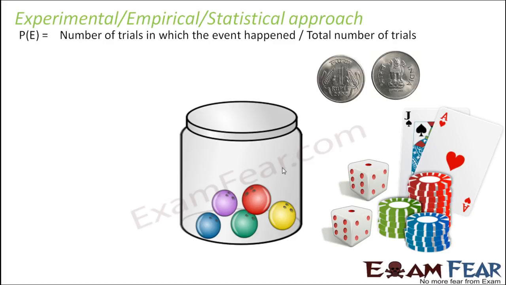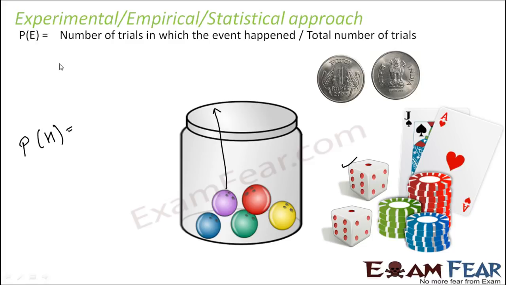For example, tossing a coin. You toss a coin 5 times and you want to know the probability of getting head, or throwing a die, or plucking one ball from a jar which has multiple balls of different colors. So many examples. Let's take the same example: the probability of head is nothing but the number of trials in which head happened by the total number of trials.